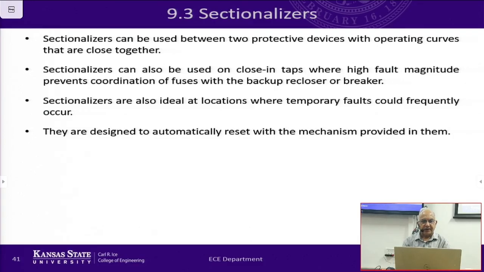They are also ideal at locations where temporary faults could frequently occur, because you have a mechanism to isolate the faults when the frequency is high. They are also designed to automatically reset with the mechanism provided in them. So these are kind of specialized devices. They are not used extensively, but in certain applications they are useful.